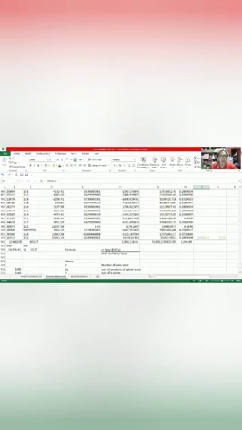We will divide it by 500 because 500 is the number of zip codes. So dividing by 500, this is the result: 24,936.41.